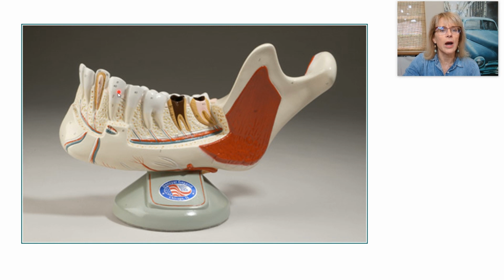And then we have got our premolars. The two premolars are also called bicuspids. And this particular model shows all three of the molars, even though it's common for you to have that last molar, your wisdom tooth, removed.